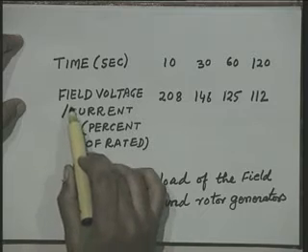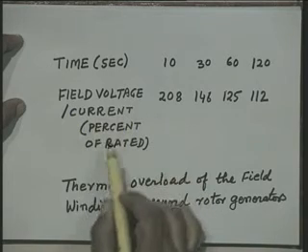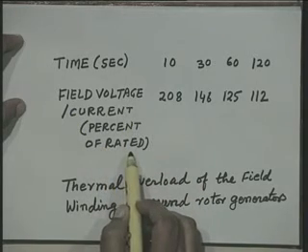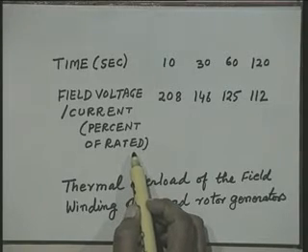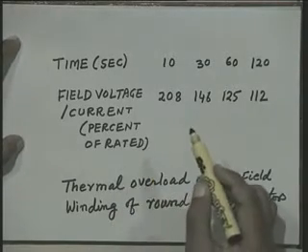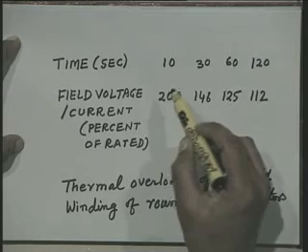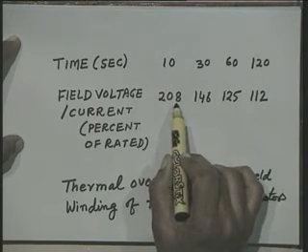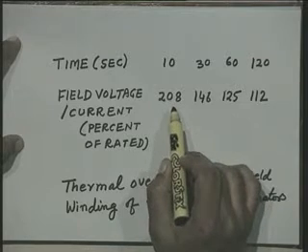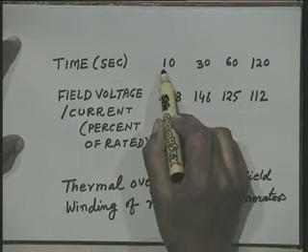Now, this table shows the time in seconds versus the field voltage or current in percent of rated value. From this graph we have just picked up some values, and that shows that if the applied voltage is 2.08 per unit or 208% of the rated value, it can withstand for 10 seconds.